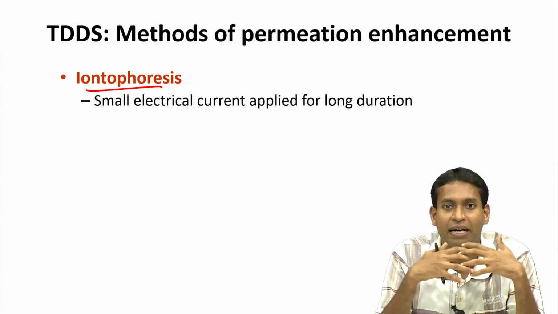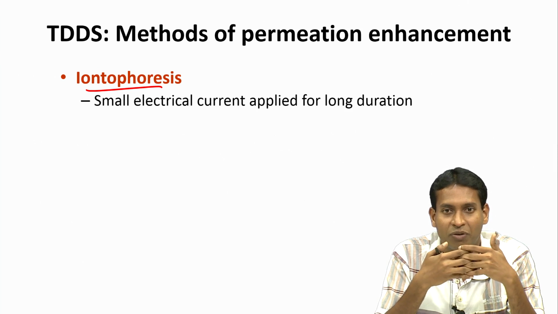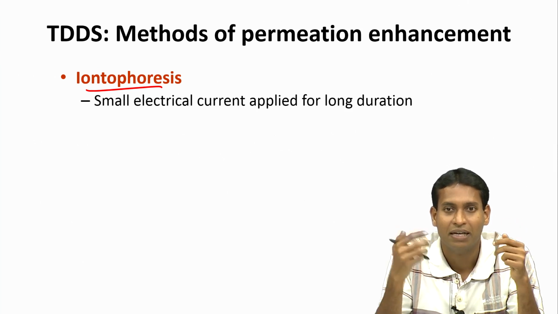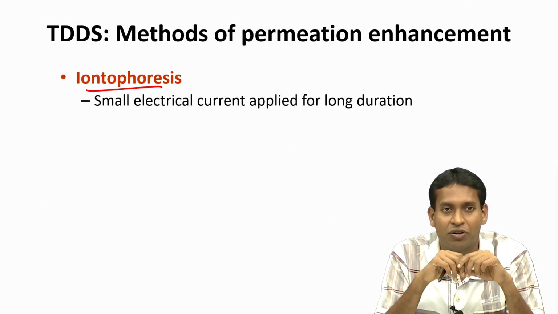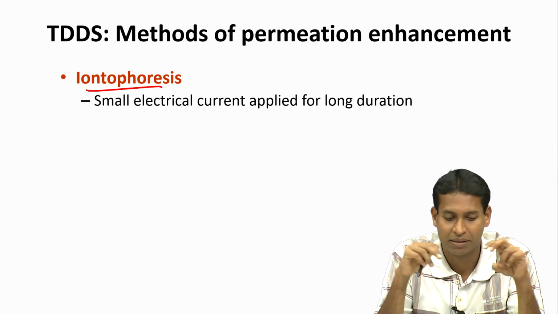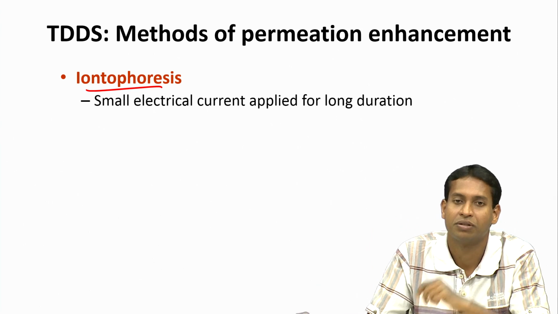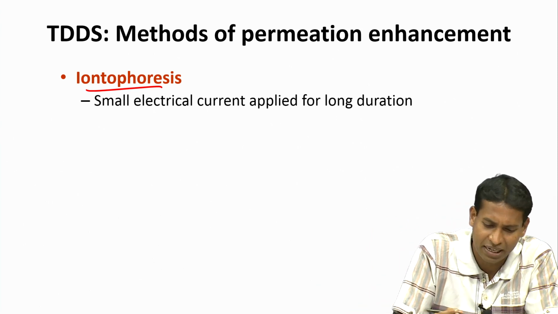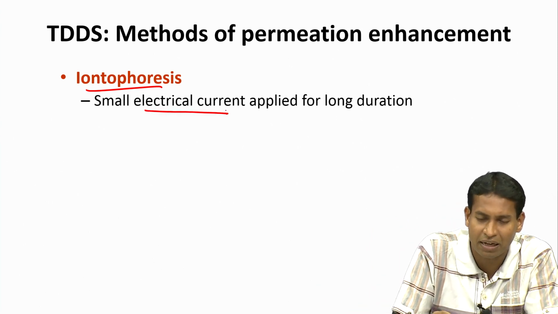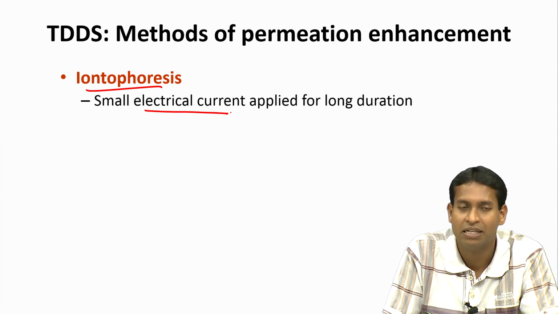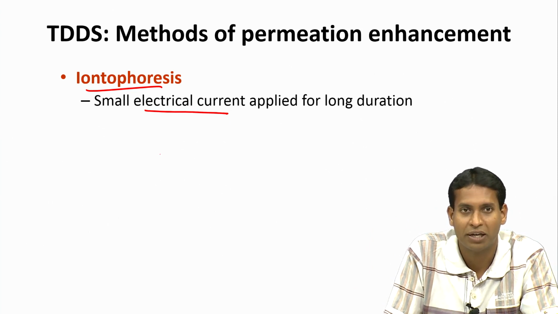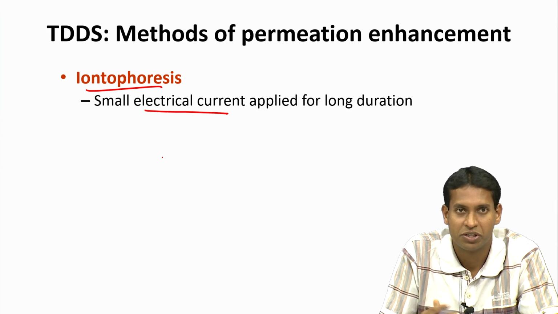Their interlocking pattern that was preventing the drug from going through is disrupted, and now the drug can go through the channels formed by the electric current. These currents are fairly low in voltage, so it is not going to cause a shock to your body, and it is well tolerated by the patient.